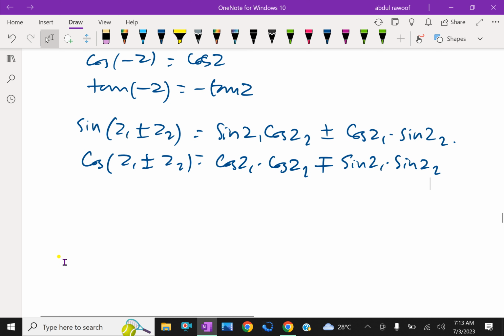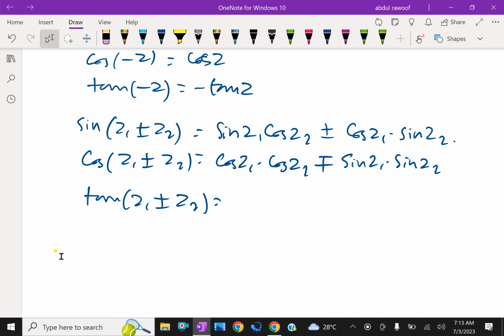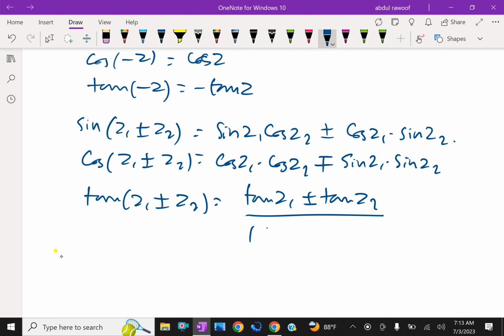From this, tan also you can find: tan of z1 plus or minus z2 equal tan z1 plus or minus tan z2 over 1 minus or plus tan z1 tan z2. Here these are some basic identities.